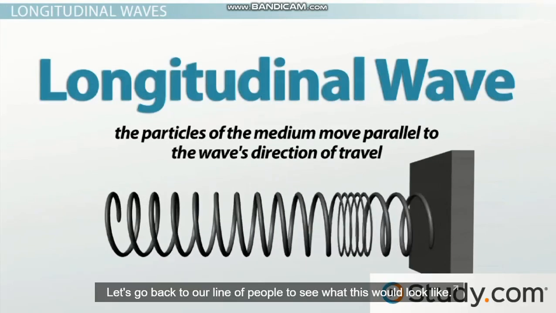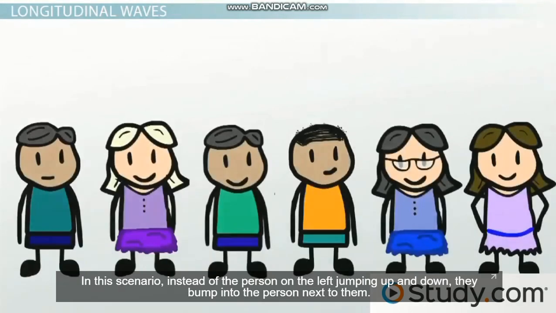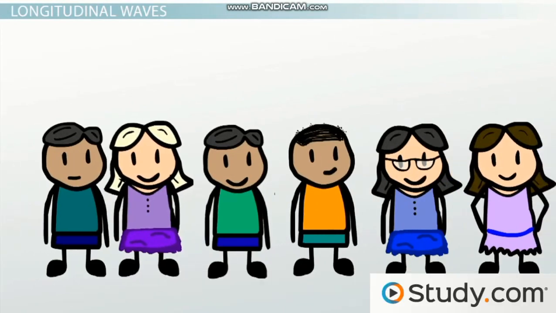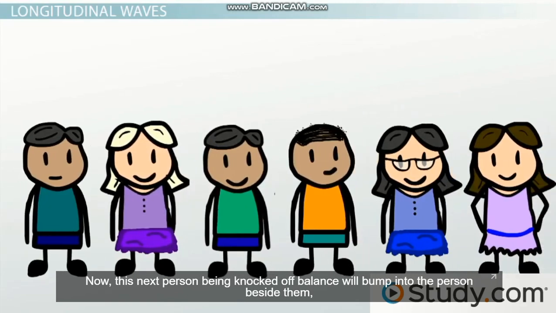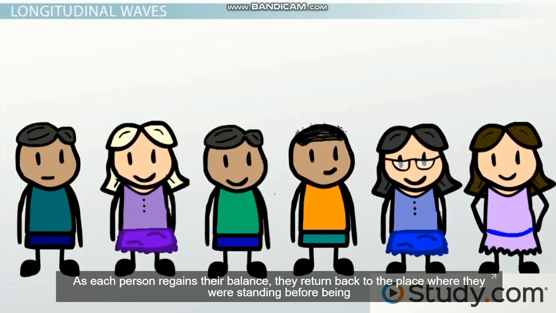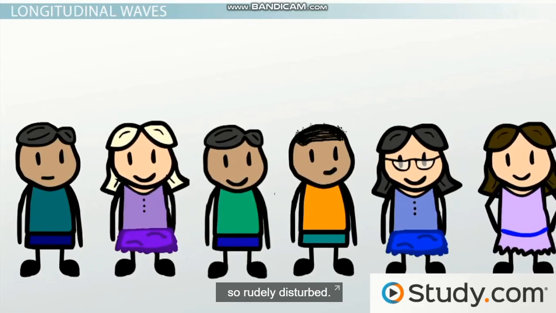Let's go back to our line of people to see what this would look like. In this scenario, instead of the person on the left jumping up and down, they bump into the person next to them. Now this next person, being knocked off balance, will bump into the person beside them, and so on down the line. As each person regains their balance, they return to the place where they were standing before being so rudely disturbed.